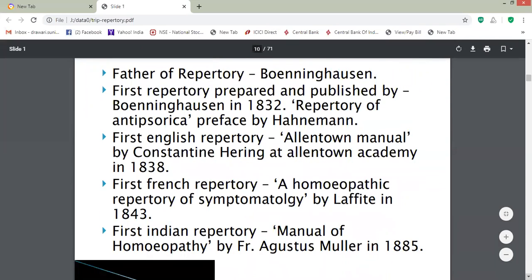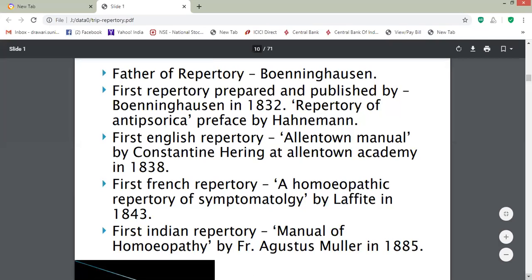As we know, the father of repertory was Dr. Boenninghausen. The first repertory prepared and published by Boenninghausen in 1832 was Repertory of Antipsorics, prefaced by Hahnemann. Then the first English repertory, that is Allentown Manual by Constantine Hering at Allentown Academy in 1838.